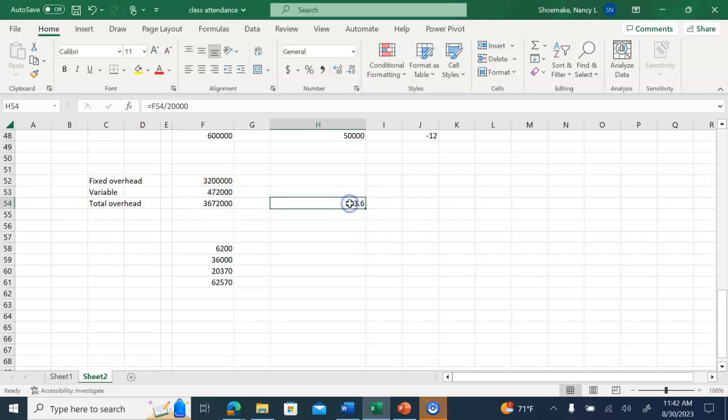And then if we divide this by 2,000 days, we would get $1,836 predetermined rate for ICU.